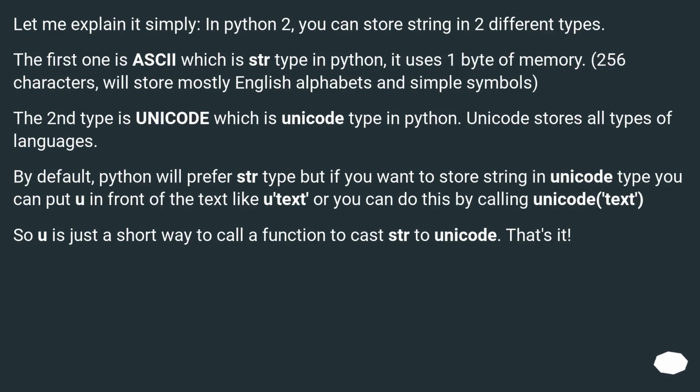Unicode stores all types of languages. By default, Python will prefer the str type, but if you want to store a string in Unicode type, you can put U in front of the text, or you can do this by calling unicode on the text. So U is just a short way to call a function to cast str to Unicode. That's it.